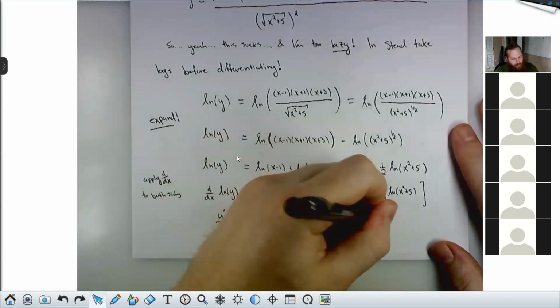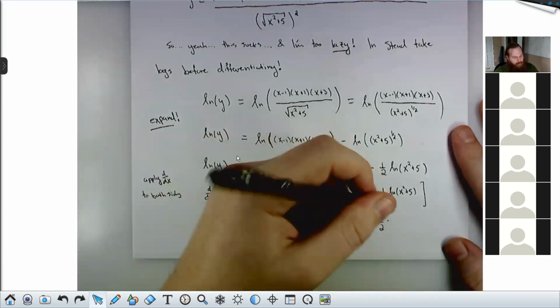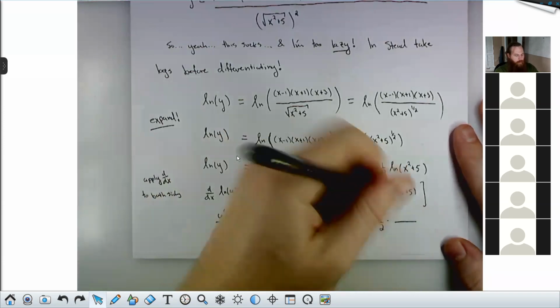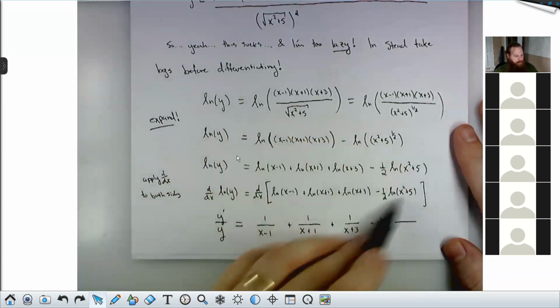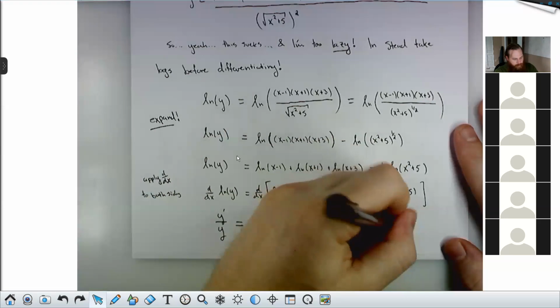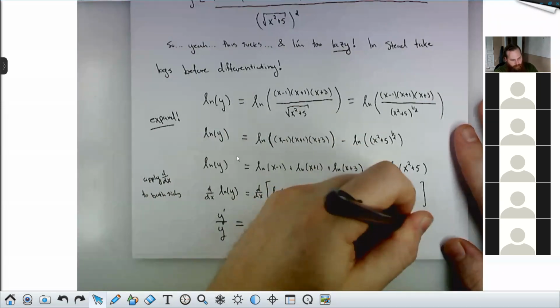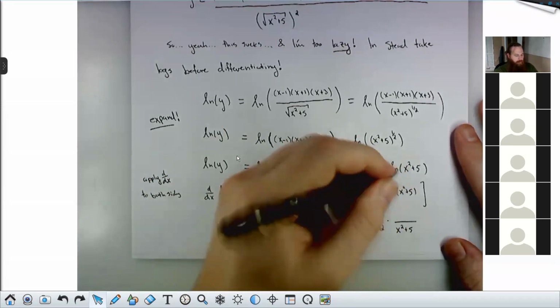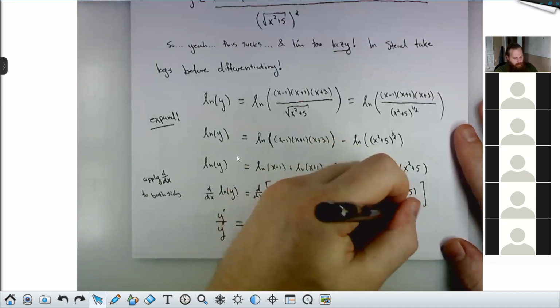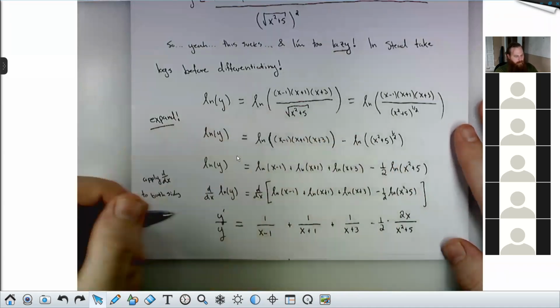Then I'll have this minus 1/2 times this last piece, which requires a little bit of chain rule. We have x squared plus 5 downstairs. And then upstairs, I have the derivative of x squared plus 5, which is 2x.